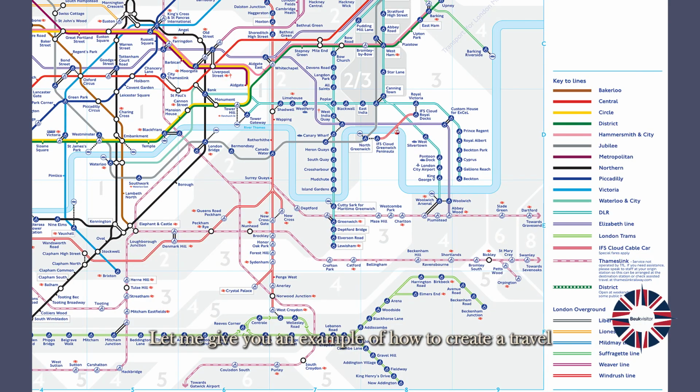So let me give you an example of how to create a travel plan from the tube map. Suppose that you are starting from Brixton Station, and the only option available here is the Victoria line, as you can see from the key to lines table. However, your ultimate destination is Leicester Square.